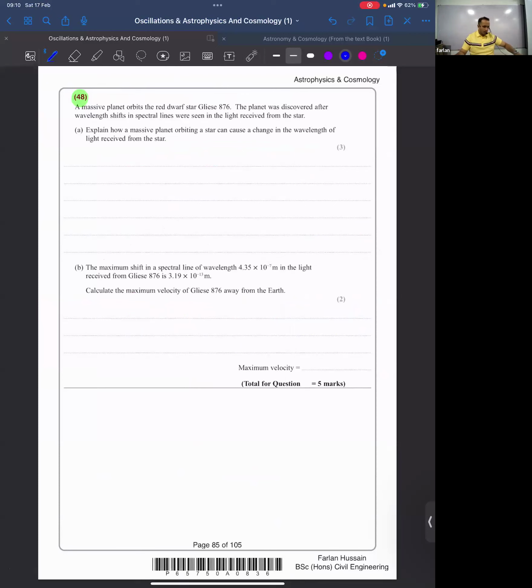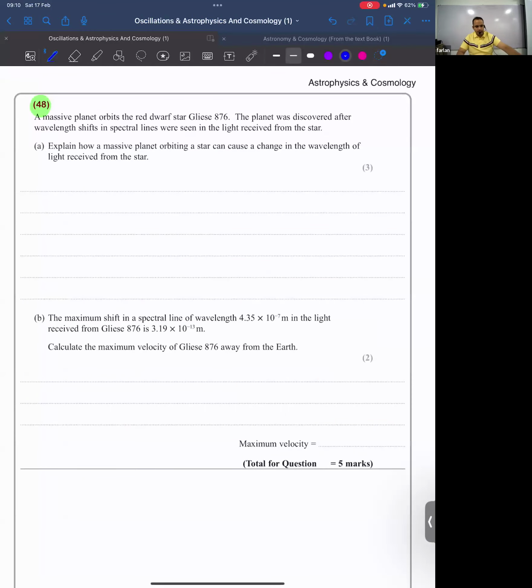Right. A massive planet orbits the red dwarf star Gliese 876. The planet was discovered after wavelength shifts in spectral lines were seen in the light received from the star.